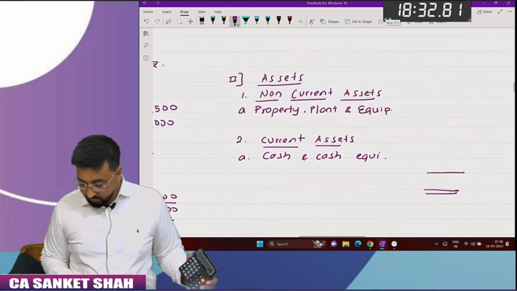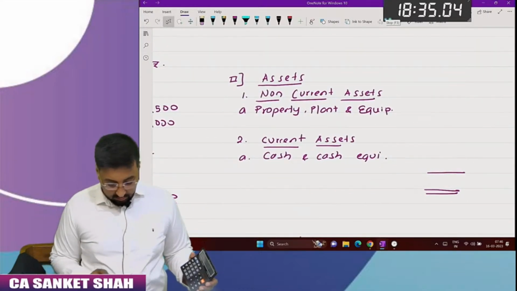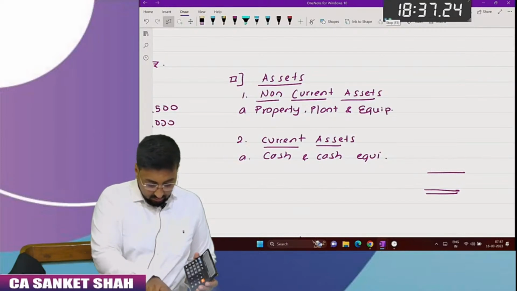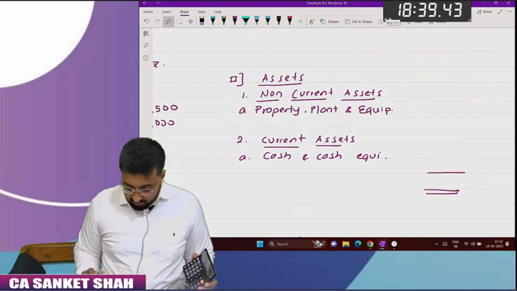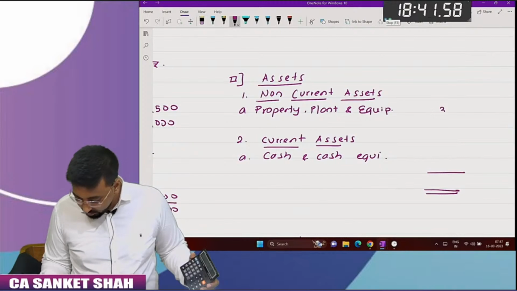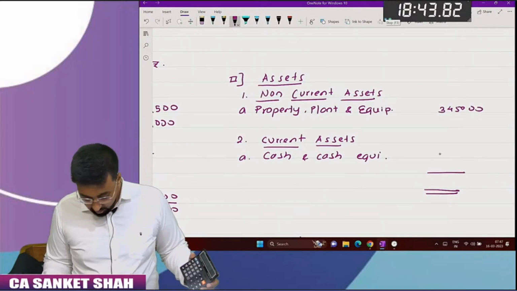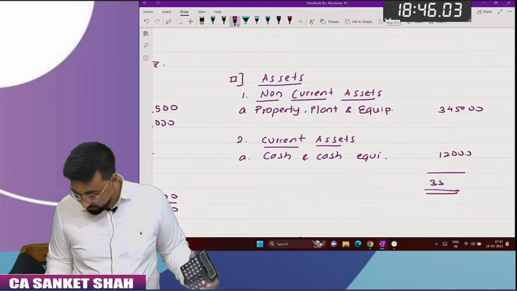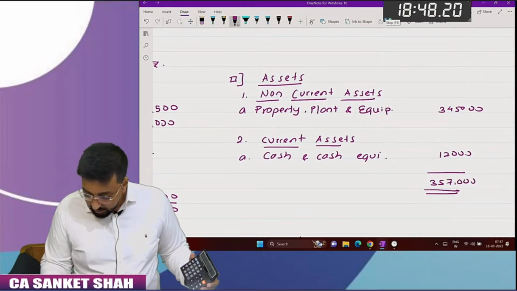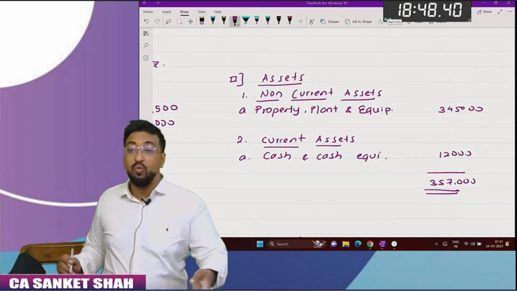And on the asset side, you have 3,45,000 and you have 12,000, so 3,57,000. This is how you have to prepare your answer.